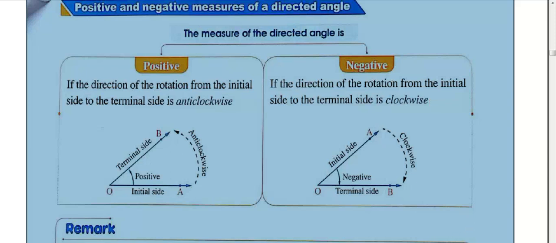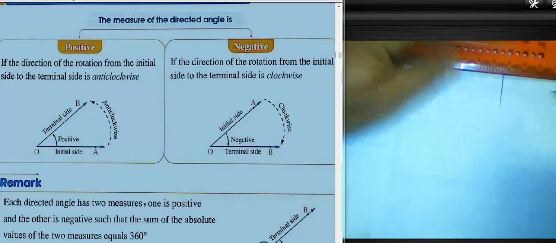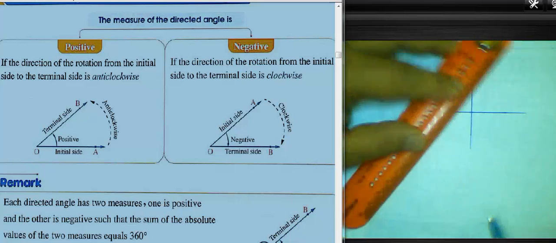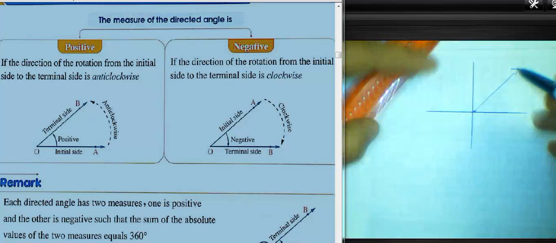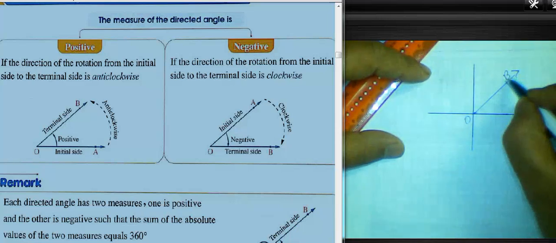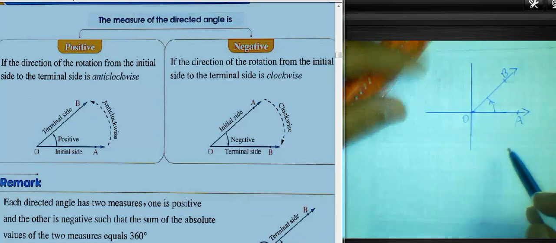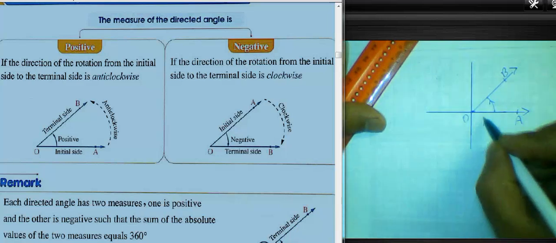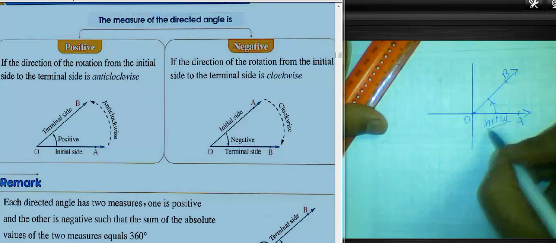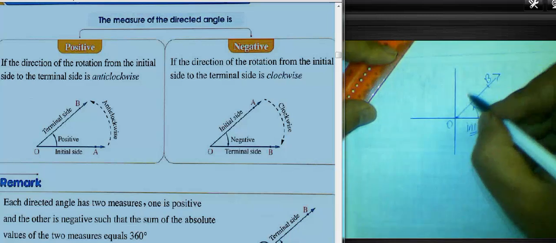Look at here. This coordinate, this directed angle A, O, B, and this ray coming from OA to OB. OA is the initial side, and OB is the terminal side.